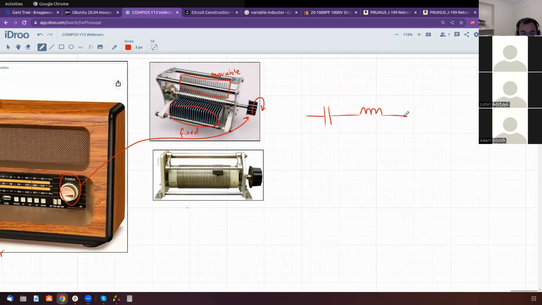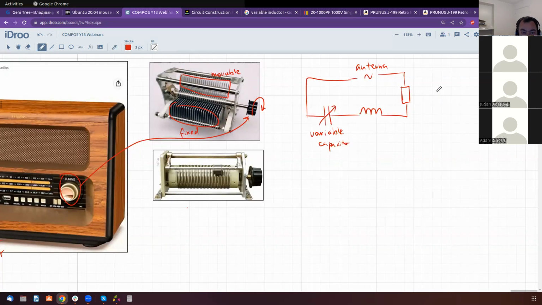And there is the power supply. Well, there is a resistor, of course, which is just the resistance of the circuit. And of course, there's the power supply, which is the antenna. The antenna is the power supply. And you tune this variable capacitor.